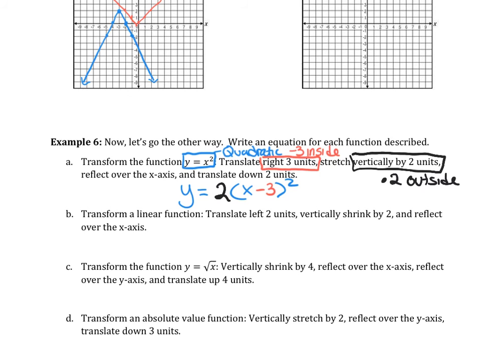So we'll have a 2 outside of our parentheses being multiplied. Then we want to reflect over the x-axis, which means we'll have a negative sign on the outside, out in front of your 2. And then translate down 2 units. It means we would subtract 2 on the outside.